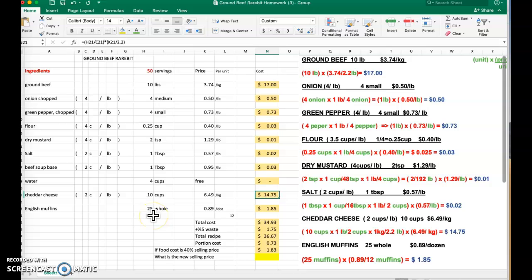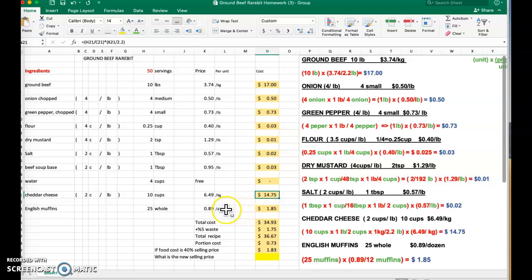English muffin. For the English muffin, the recipe calls for 25 muffins, and here it says that it's a dozen, it's 89 cents.